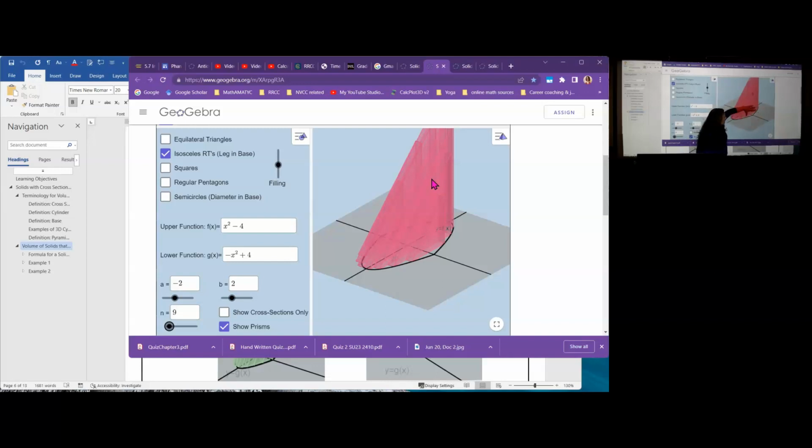In this case, I know that the length, which is the distance between f of x and g of x, has to be the same as the length on this side. And I can find the area since the height and the base are the same. Once I know that, I can multiply the area by the differential to get the volume.